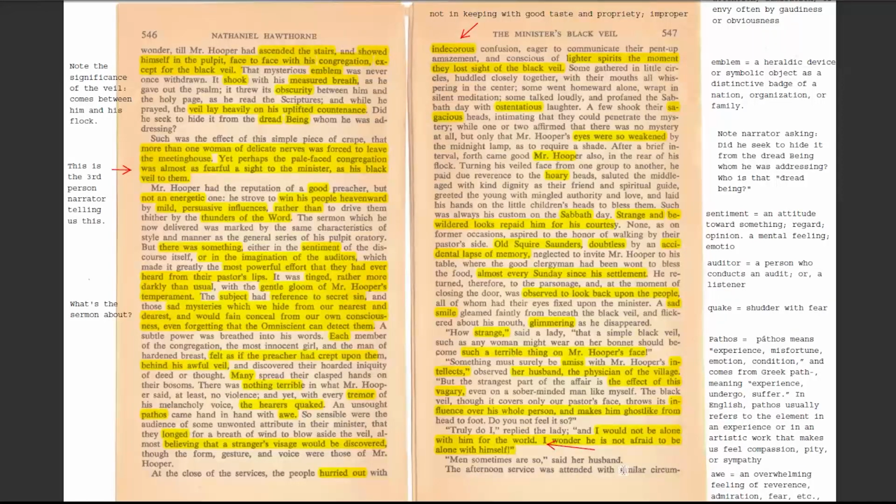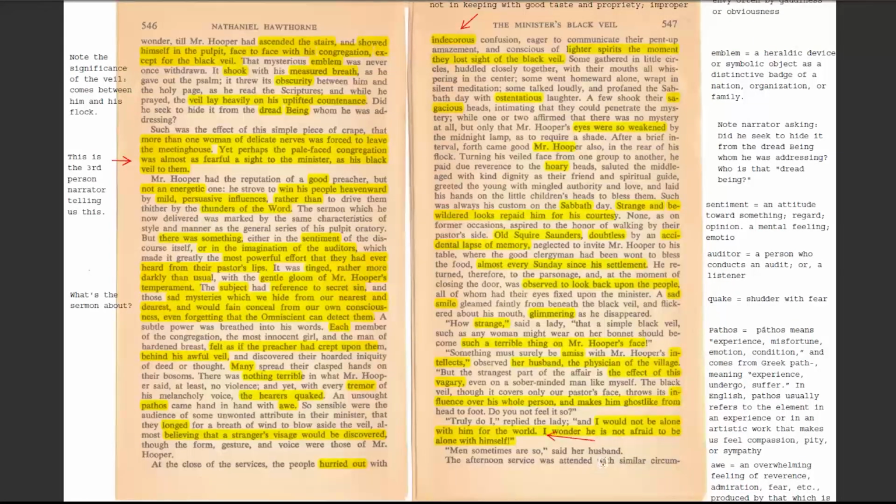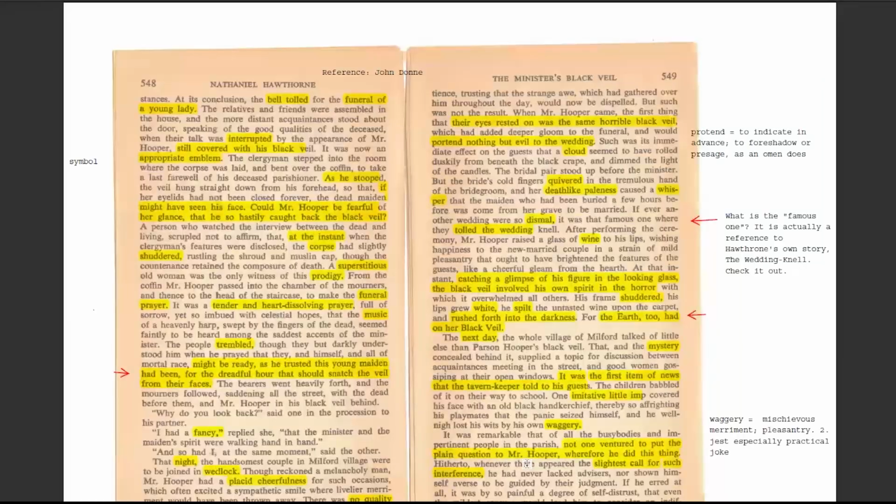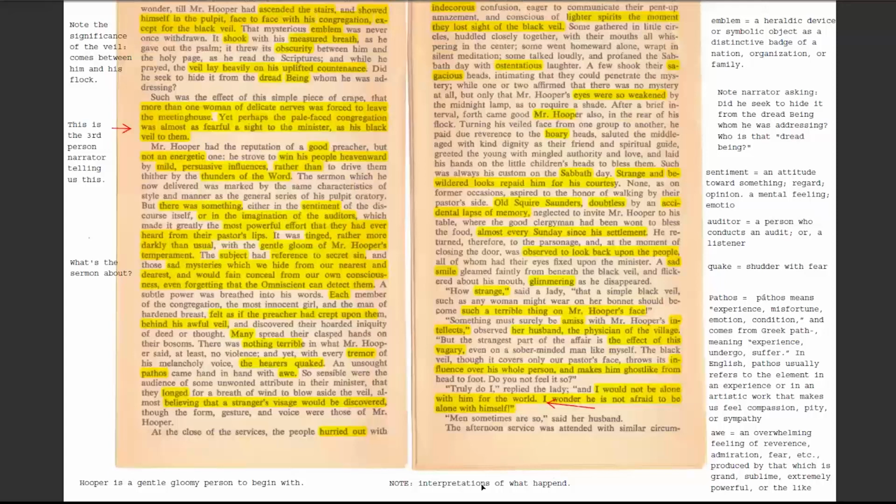The afternoon service, there's another service, was attended with similar circumstances. Okay, before I go there, let's look at some of these. The interpretation of what happened, Hooper's gentle gloomy. There's some definitions here. What's an emblem? That's what they changed the veil to. It's a device or symbolic object. See, the veil, from the time the third-person narrator starts talking, is metamorphosizing into a symbol.